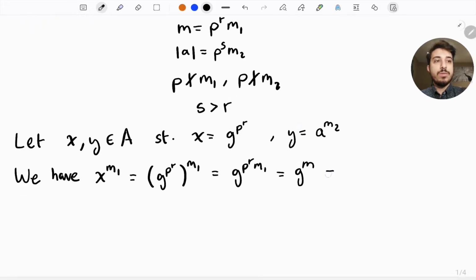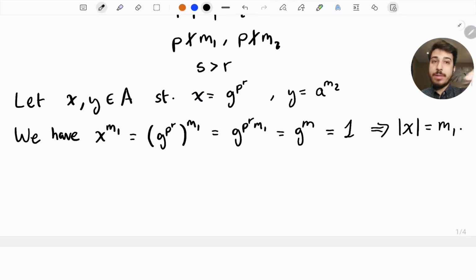So this is equal to the identity. And since this is the smallest integer, then this has to be the smallest integer as well. So x to the m1 is equal to the identity being the smallest. So that means, by definition, that the order of x is equal to m1. If you've forgotten the definition of order, go back to lesson 3 and check it out.